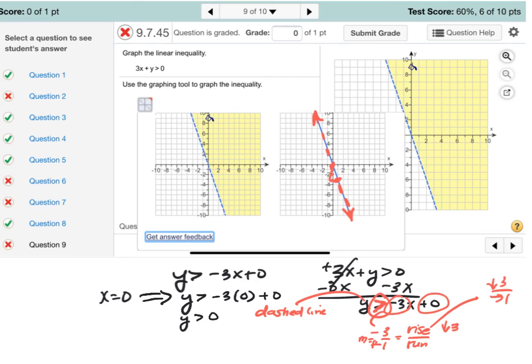If my y-intercept of 0 is located here, y greater than 0 goes above the line, and y less than 0 falls below the line. So since we have y greater than -3x plus 0, we're going to shade above the 0 here, which covers this side of the line.